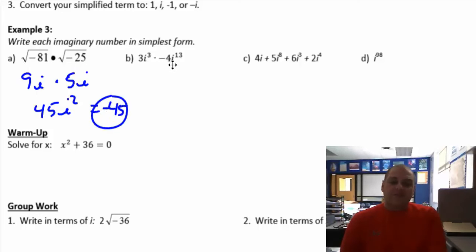Now here we have powers of i. 3 times i to the third is 3 times, and i to the third is negative i. Just look at the page before. Times, I'm sorry, there's a times here, negative 4 times i to the 13th.